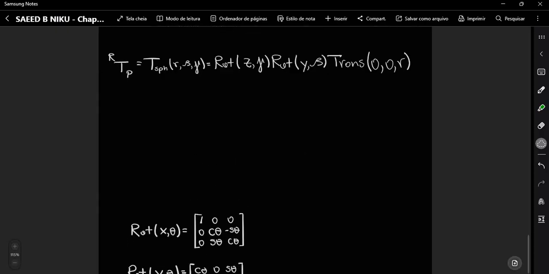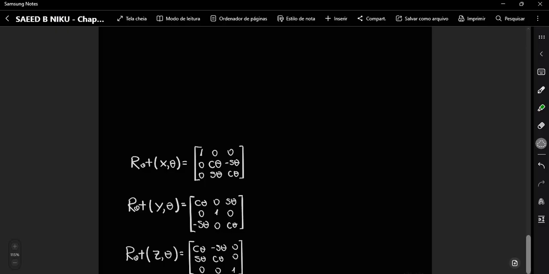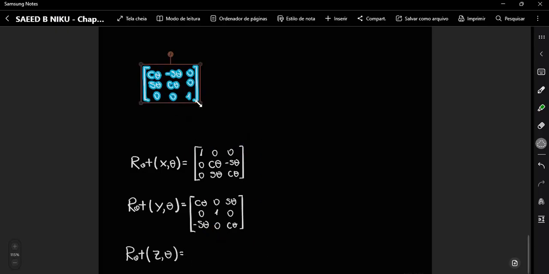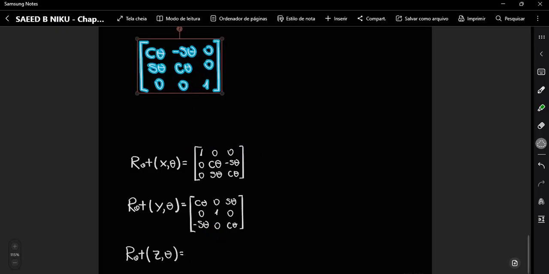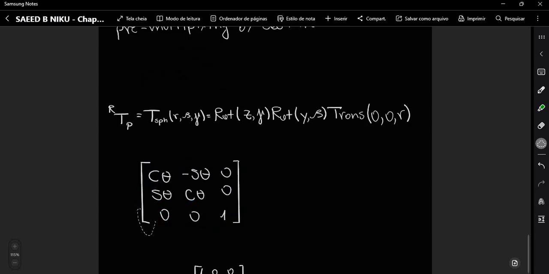So about or around the z-axis, okay, and we have to add the scale factor to keep this matrix in its square form.